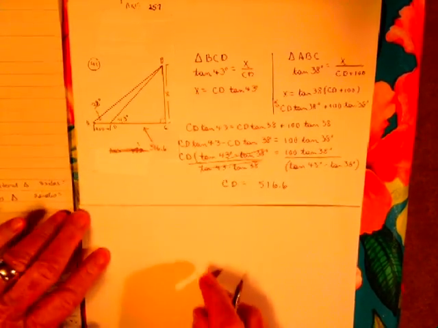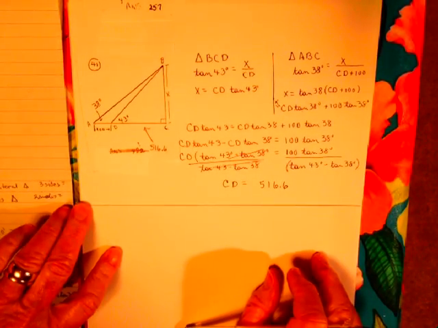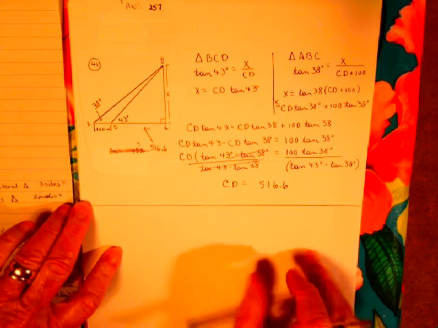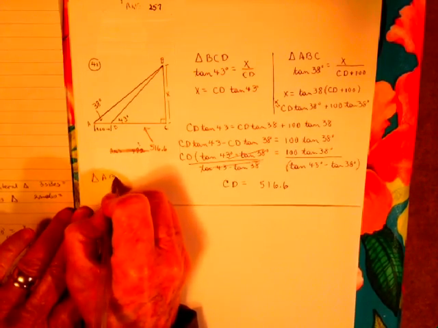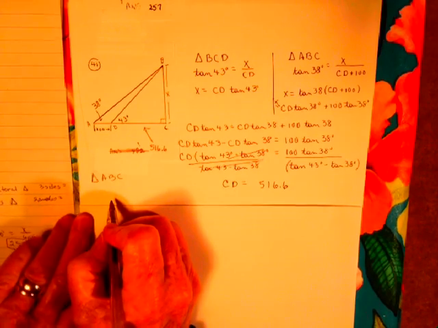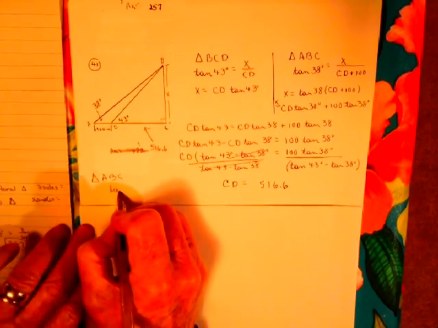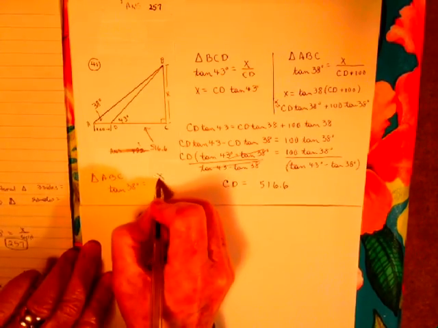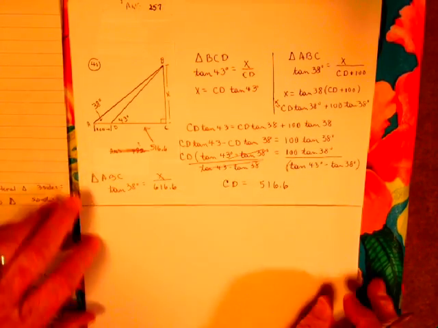I am looking for x. I can now work with triangle ABC, and I can say that the tangent of 38 degrees equals x over 616.6.